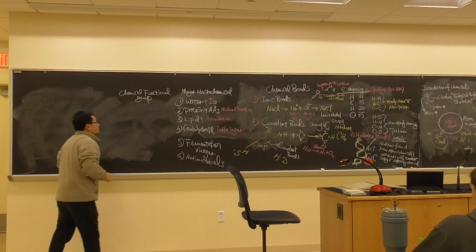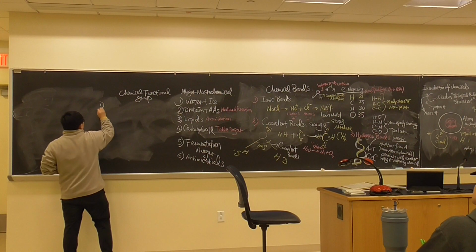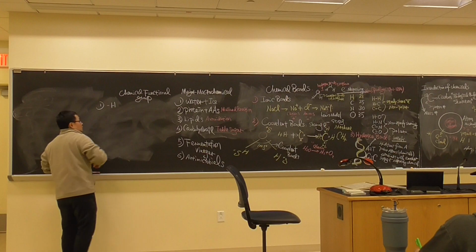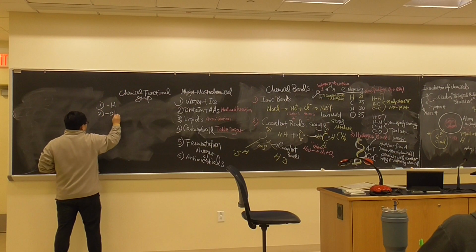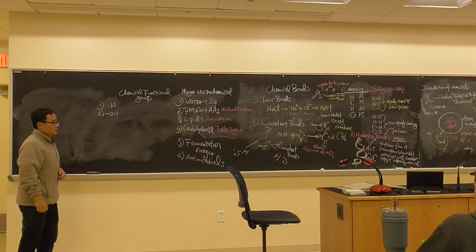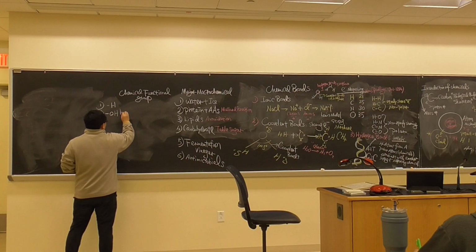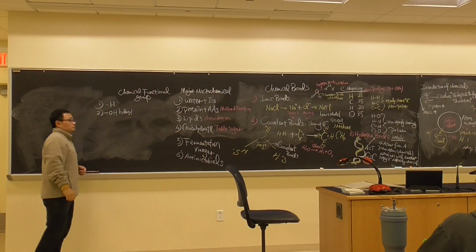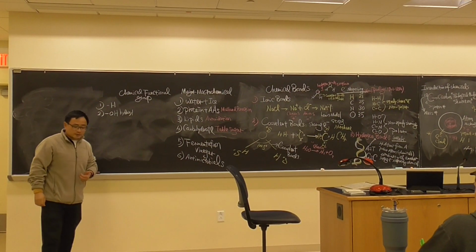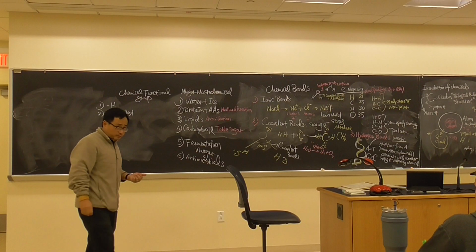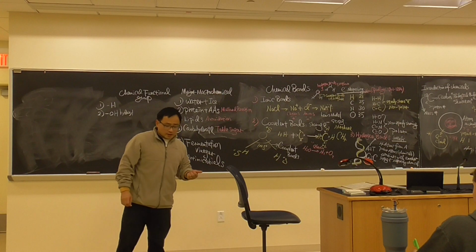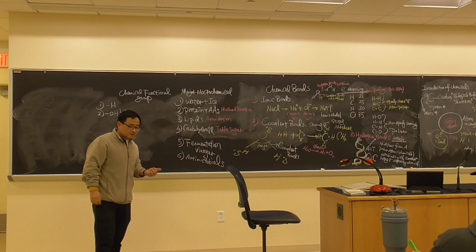So what are those? This is easy. Hydrogen. Second one, hydroxy. Remember, we talked about DNA replication. Why is the 5' to 3' the leading strand, and otherwise the lagging strand?